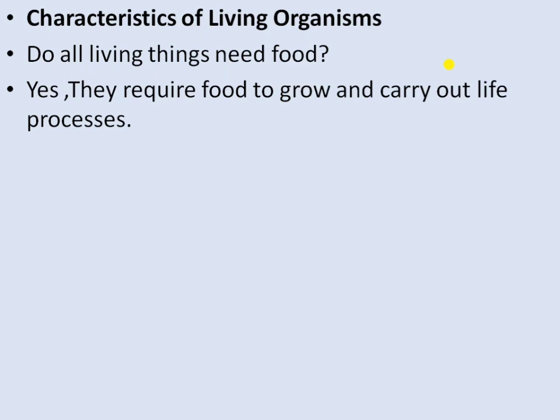For example, plants make their own food by the process of photosynthesis. Animals depend on plants or other animals for their food, because this food gives the organism the energy needed to grow. Organisms also need energy for other life processes. That's why living things need food to grow and carry out their life processes.